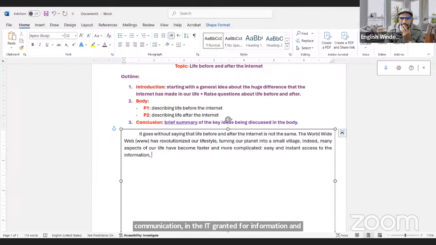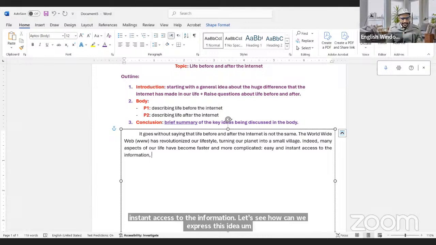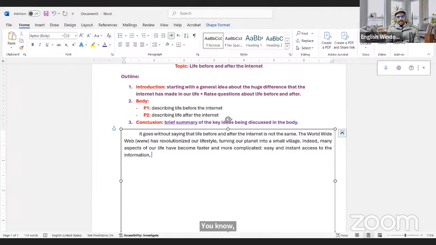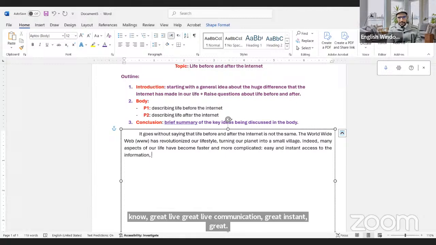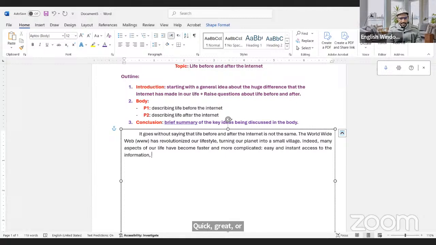Let's see how we can express this idea. Live communication, instant, quick, or faster. Varied, easy access to the info. I don't want to say easy again because we have already used it.